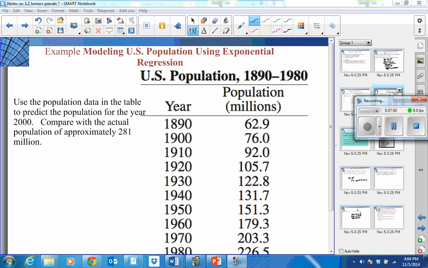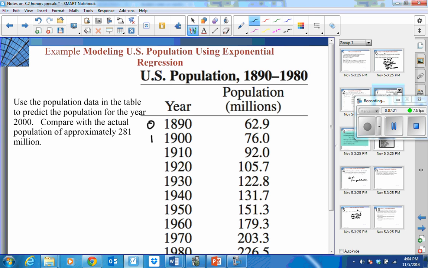So let's first talk about what we're going to put into our calculator, because this is our initial population at 62,900,000, and we're going to call this year 0. It's going up by tens, so when we put this in our calculator, we're going to say 1900 is 1.